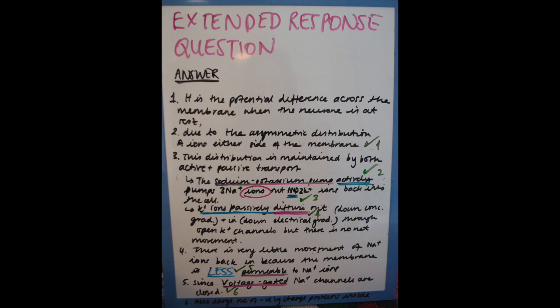And now we should go on to explain how it is maintained, and this is through both active and passive transport. The sodium-potassium pump actively pumps 3 sodium ions out and 2 potassium ions in. And then, because the potassium channels are open, potassium can passively diffuse out down a concentration gradient or in down an electrical gradient, but there is no net movement.